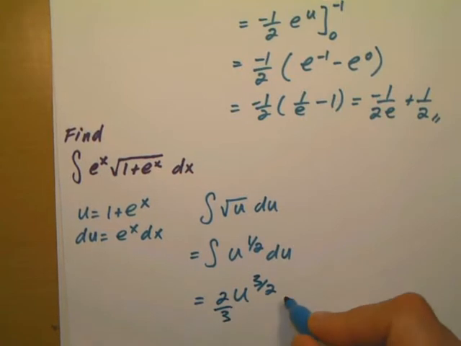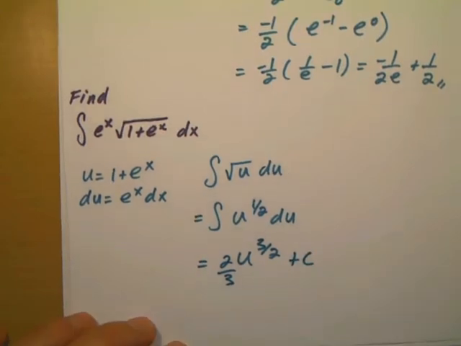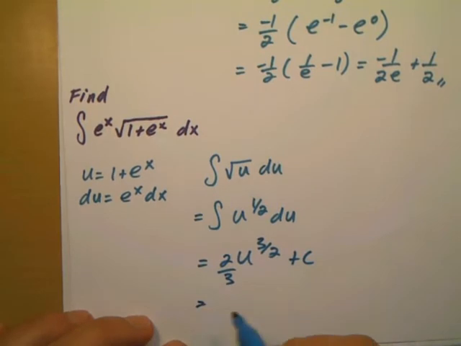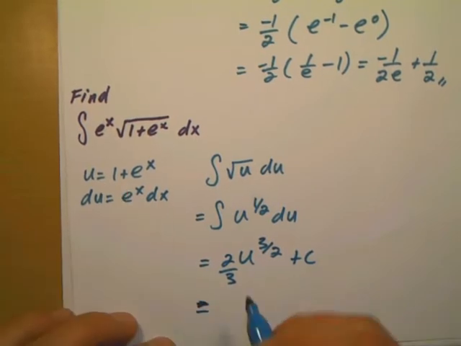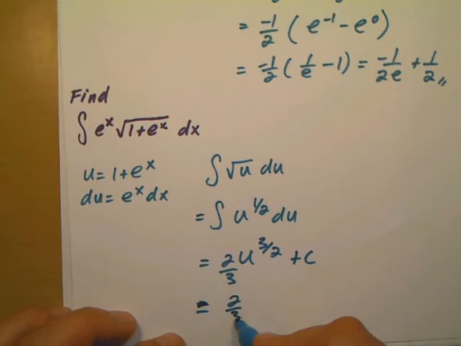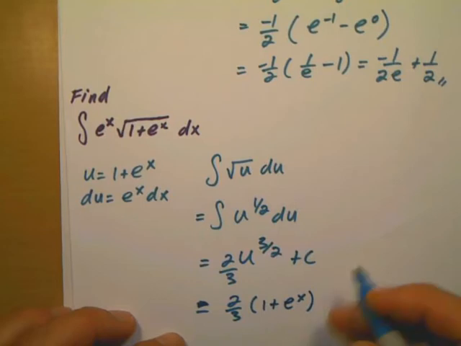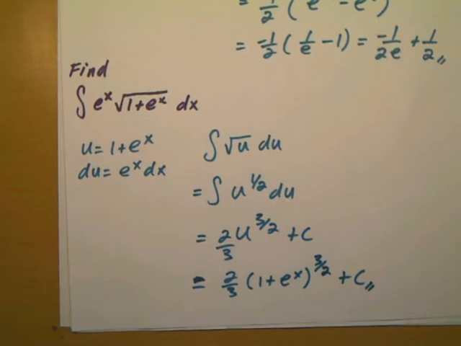I don't have any limits, so I go ahead and put the plus c. And then go back to what I initially selected for u, which was 1 plus e to the x, so it's going to be 2/3 parentheses 1 plus e to the x, all raised to the 3/2 plus c. And that's my answer. And that's all for part 2.